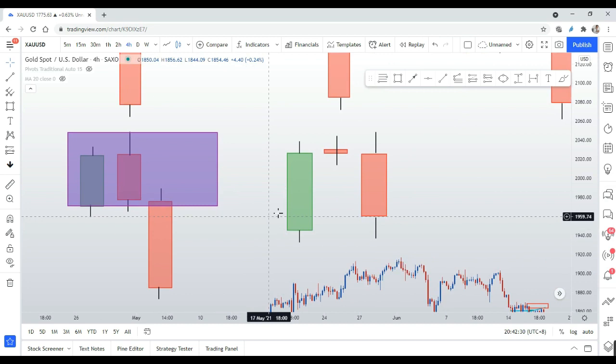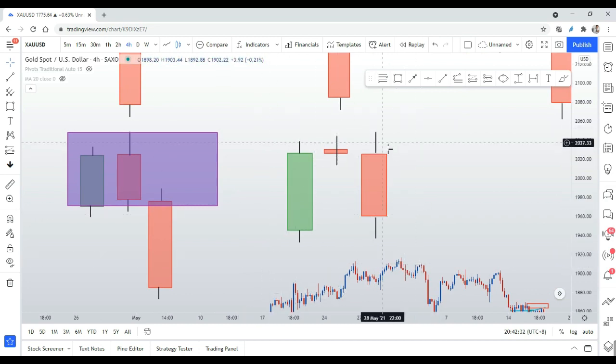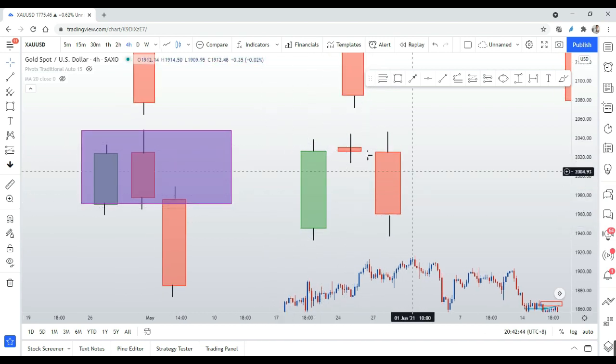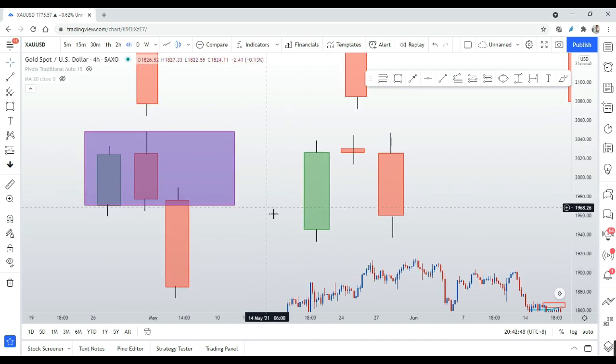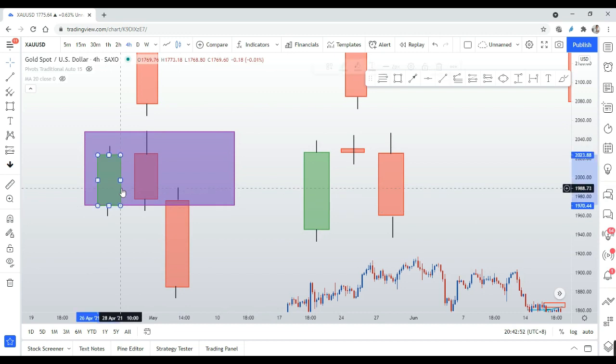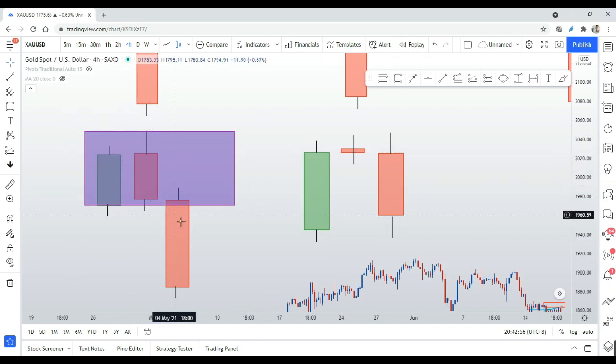So the last one, I'll say that it's not really that powerful, but it is still a supply zone. It's a rally base and then drop. Now the difference with this and this is the first candle. If you look at the fourth example over here, the number one candlestick is actually engulfed by a two-candlestick combination.